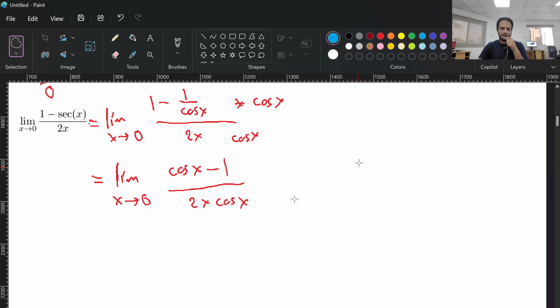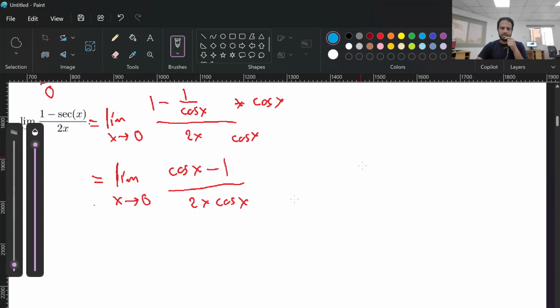You remember the identity 1 minus cosine squared x equals sine squared x. Good. Now I need to multiply by something to get this sine squared, okay? So I can multiply by what? You can take minus 1 as common factor.